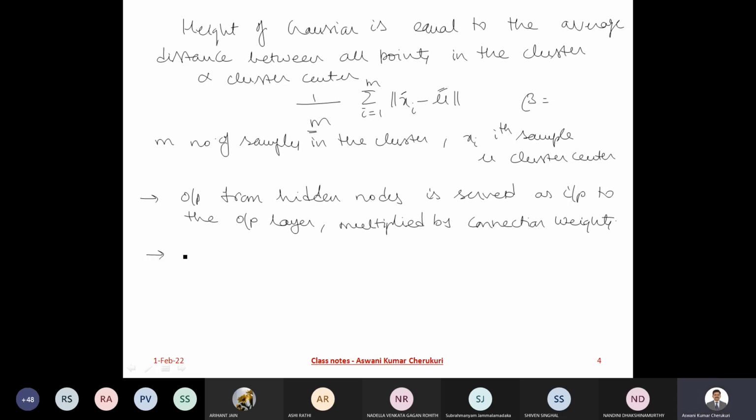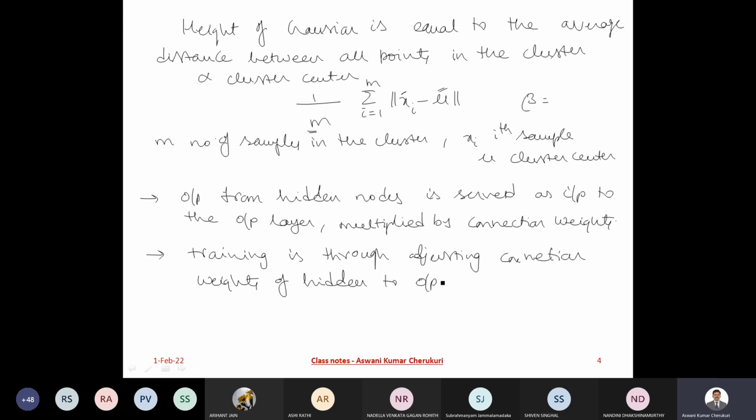Once that is done, we have to train, so training happens through adjusting the connection weights from hidden to output.